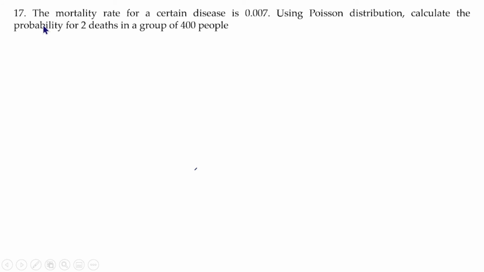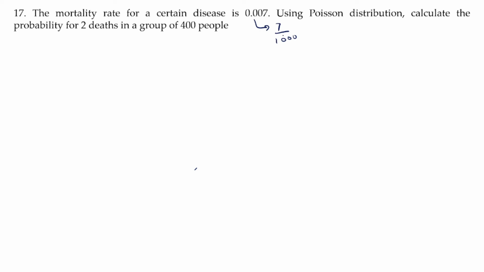The next question, the mortality rate for a certain disease is 0.007. Using Poisson distribution, calculate the probability for 2 deaths in a group of 400 people. So here it is given the mortality rate for a certain disease is 0.007, it is 7 by 1000.